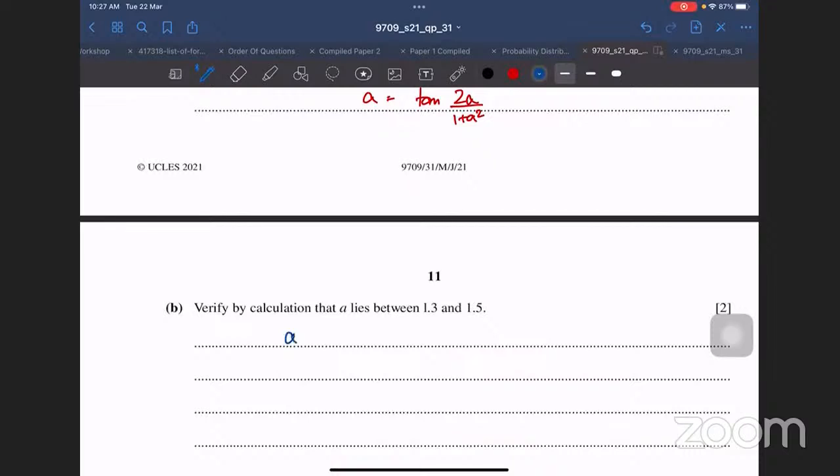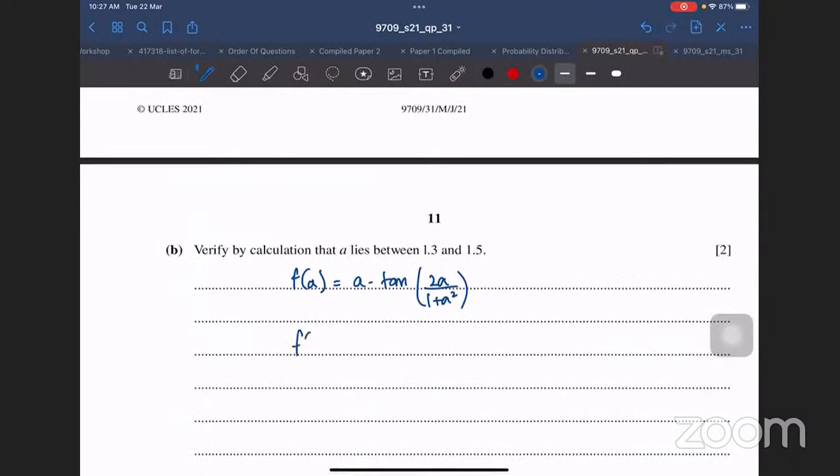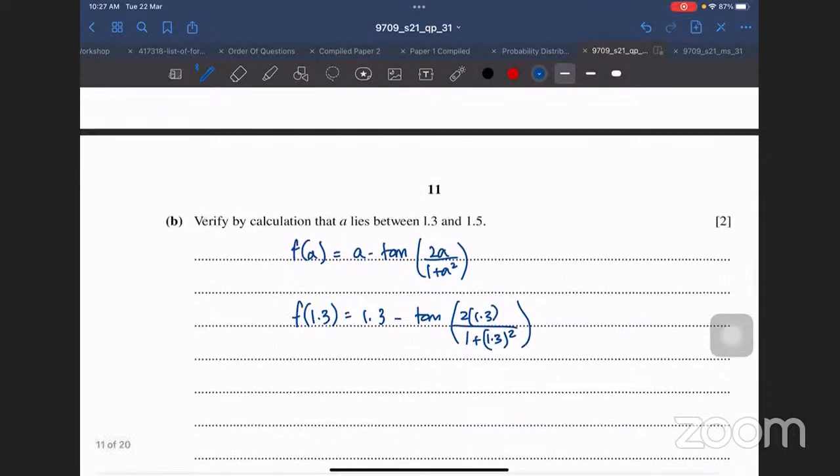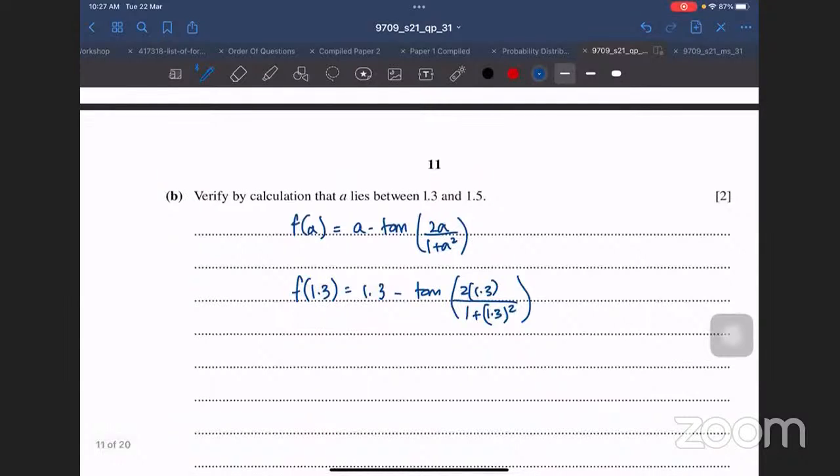What I can do is create a function of a. Let's calculate f of 1.3.